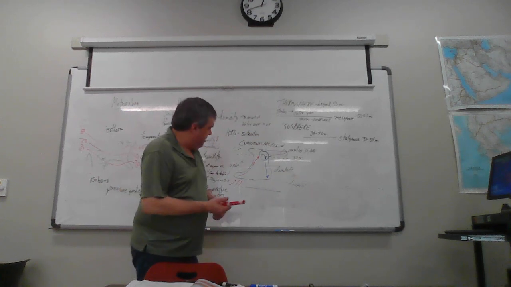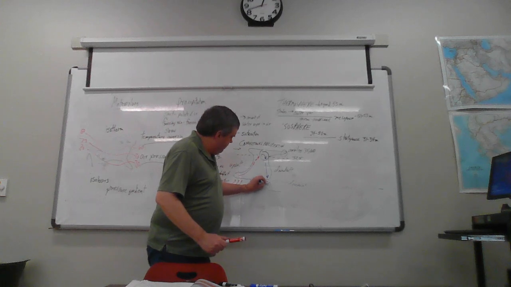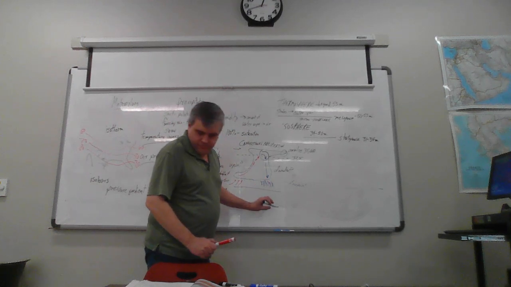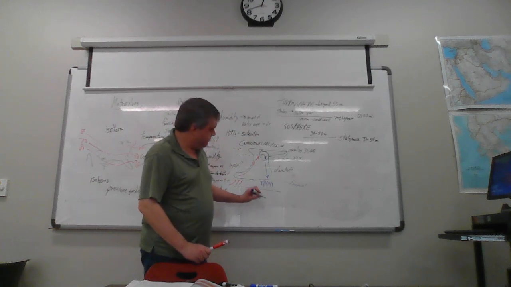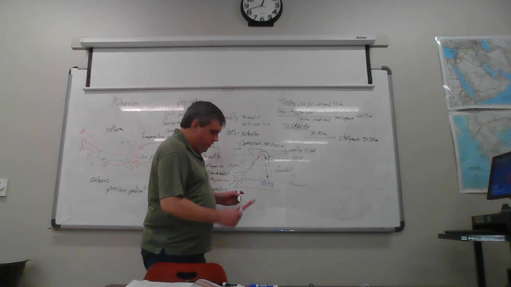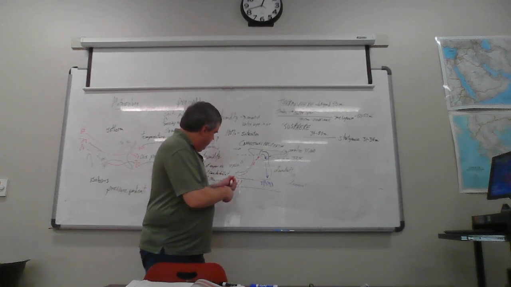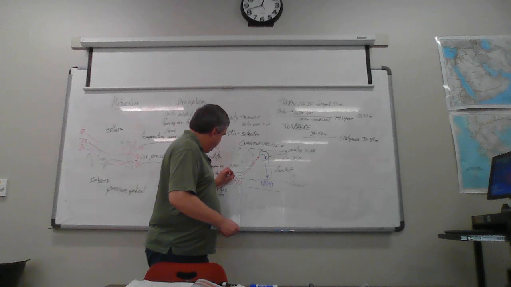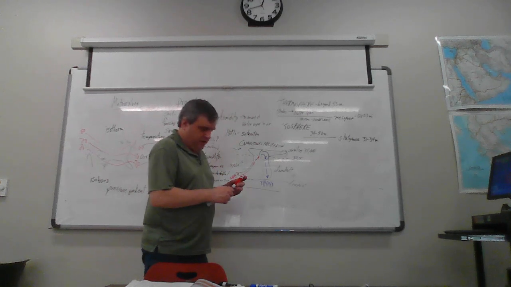This downdraft is where the rain starts coming down. So warm going up, and cool coming down.